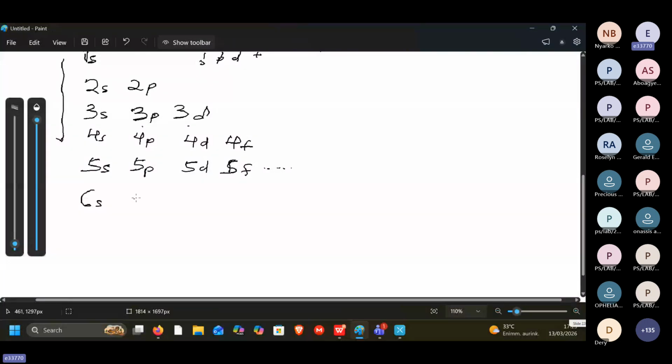If I come to the last energy level in the whole periodic table, the maximum is n equal to 7. But theoretically, we can go to infinity. So if we take hydrogen out, there are 7 different periods: 7s, 7p, 7d, 7f.